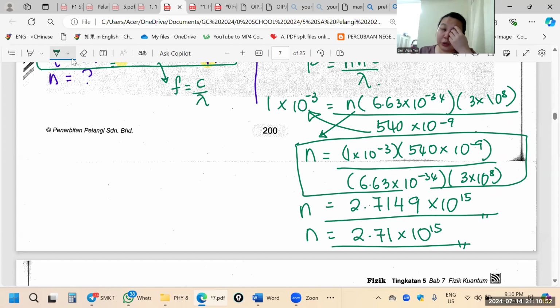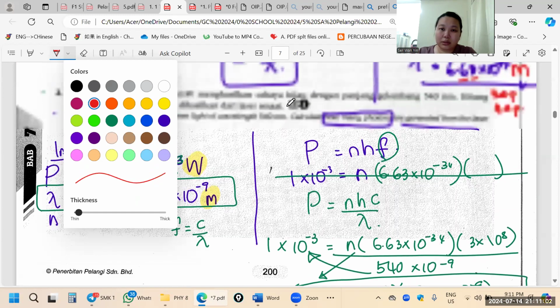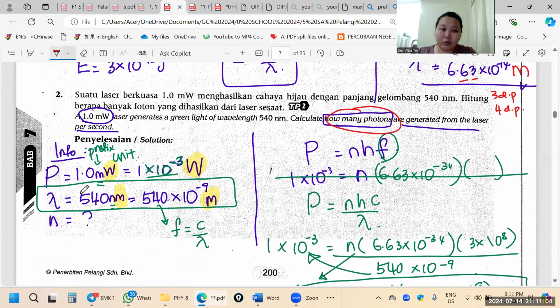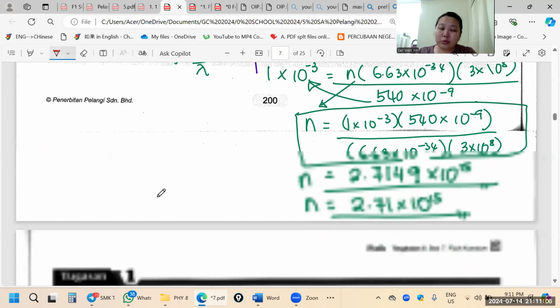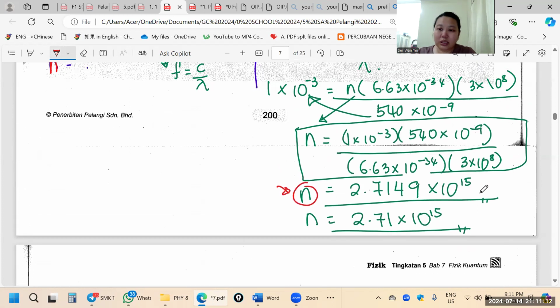Do I need unit? I no need unit because "how many photons" means number of photons, no need unit. Always look at the left hand side, no need unit. So this one correct.